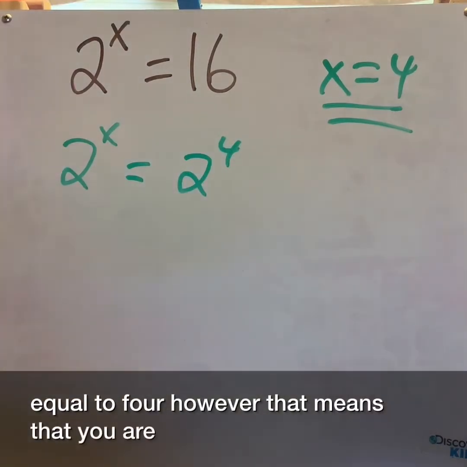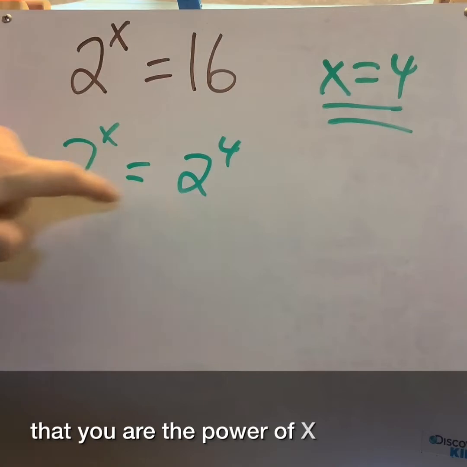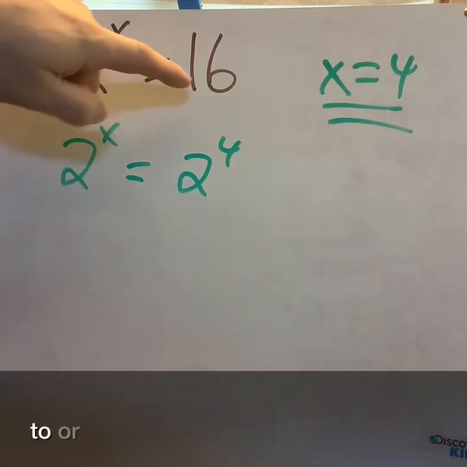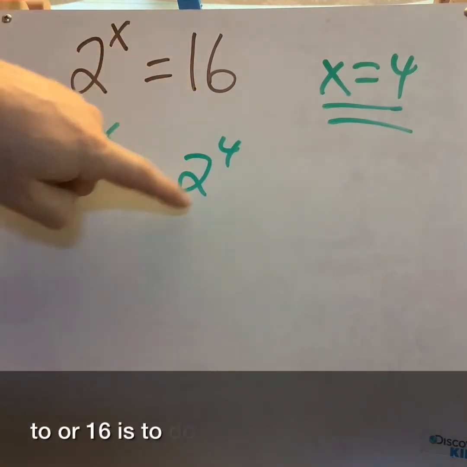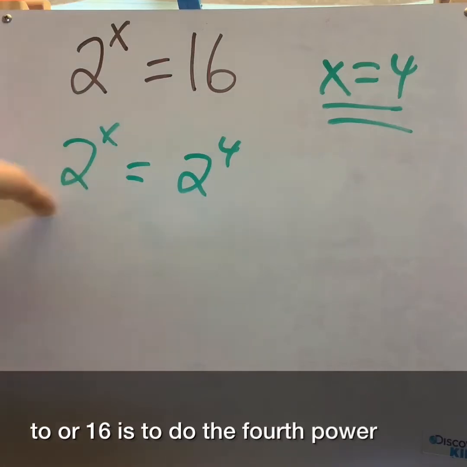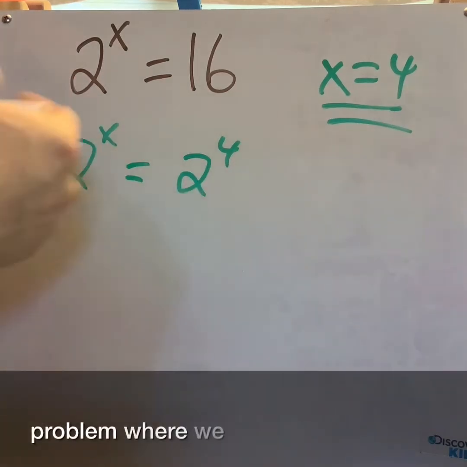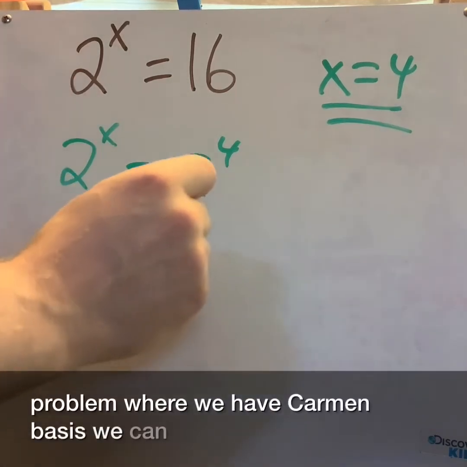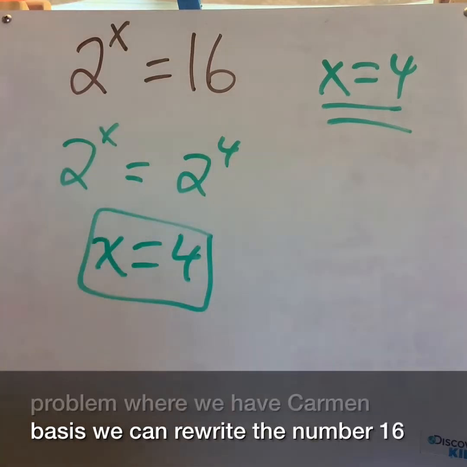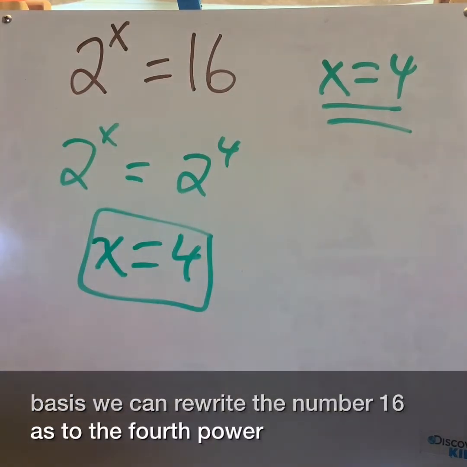We've turned it into a problem where we have common bases. We can rewrite the number 16 as 2 to the fourth power. Now we have common bases. So when we have common bases that are equal to each other, we drop the bases and set the exponents equal to each other. And we just get, as a final answer, x is equal to 4.